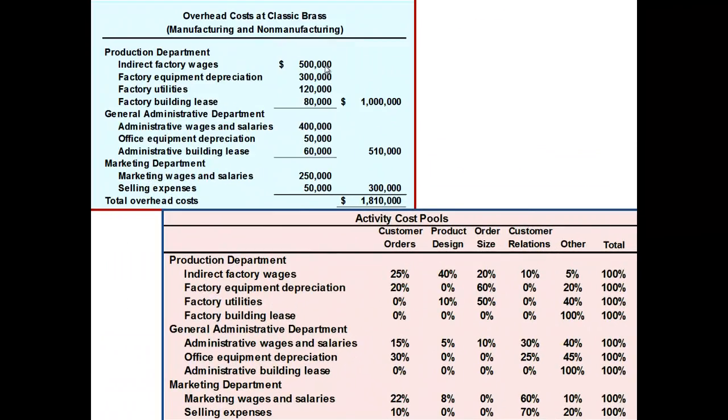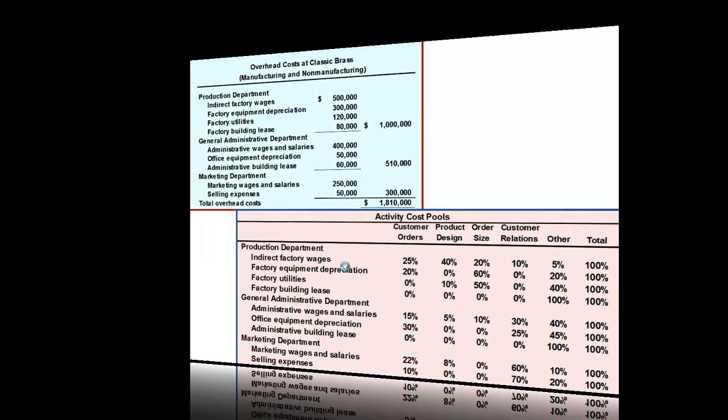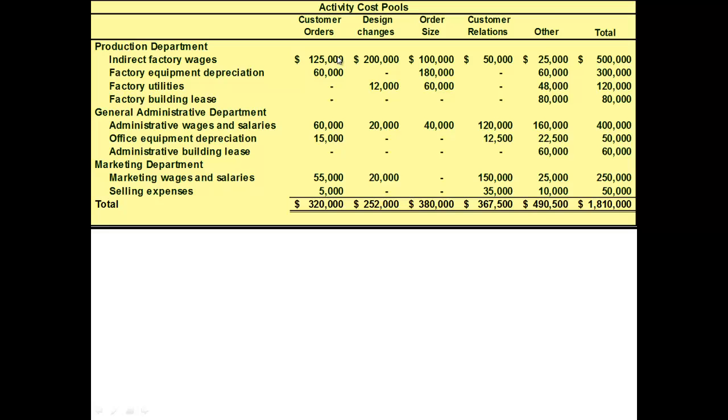If we go back, you can see that the indirect factory wages were $500,000. Customer orders are going to get 25% of that. So when you multiply the 25% by the $500,000, you end up with the $125,000 assigned to customer orders.